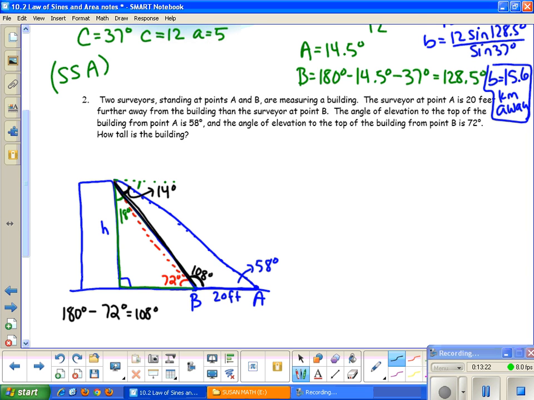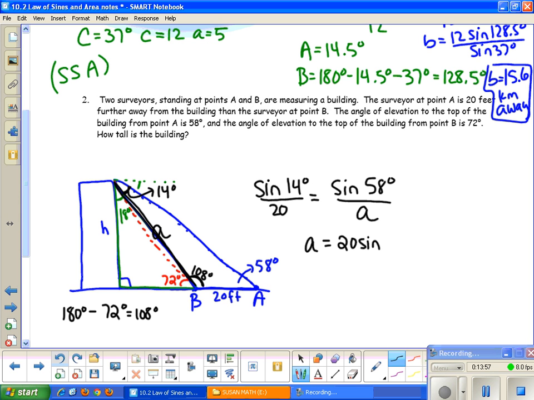So I'm going to use the sine of 14 degrees over 20 feet, equal to the sine of 58 degrees over this length right here, which I'll call A. Solving for A, A is equal to 20 times the sine of 58 degrees over the sine of 14 degrees. So A is equal to about 70.1.